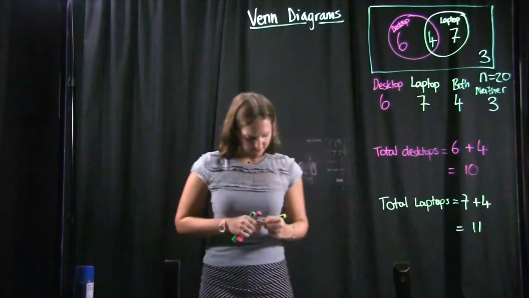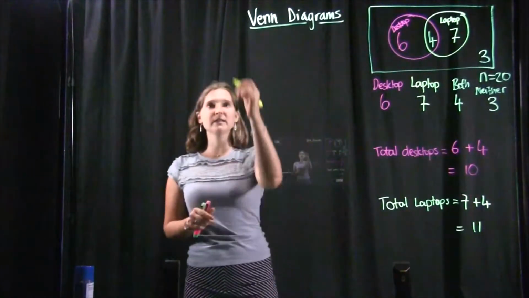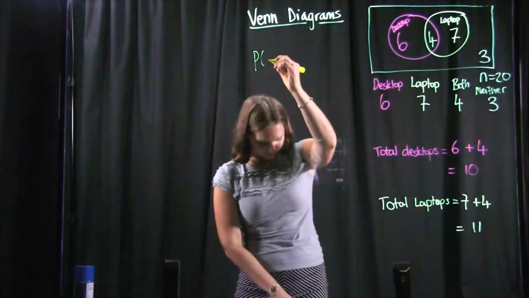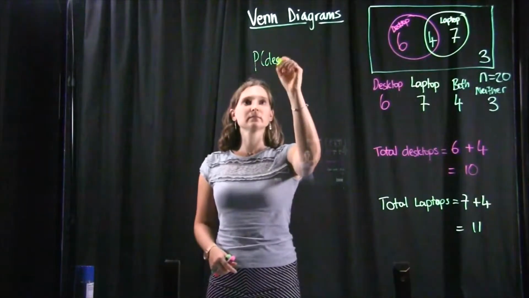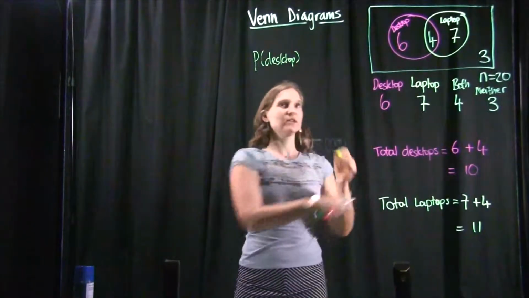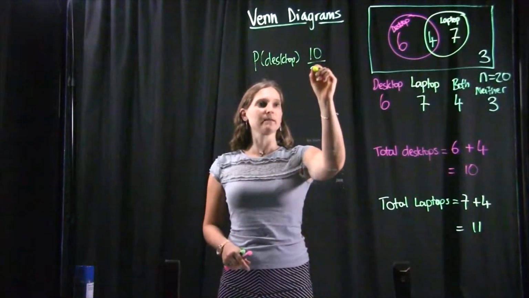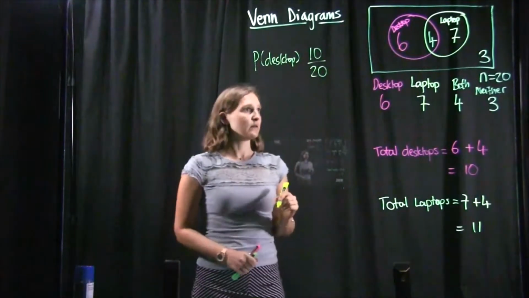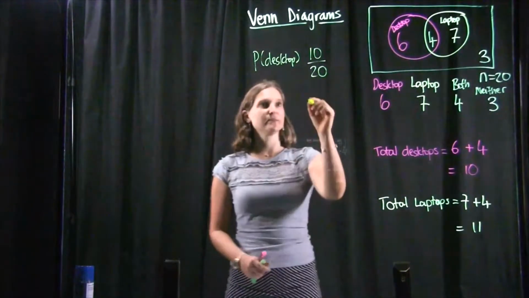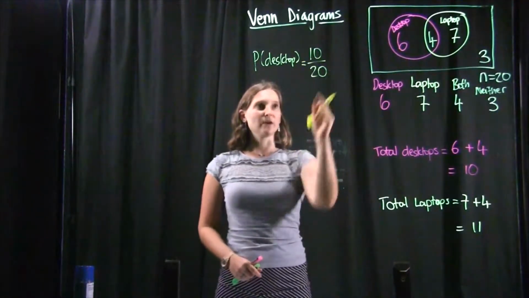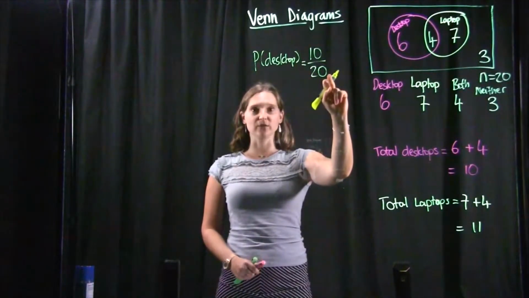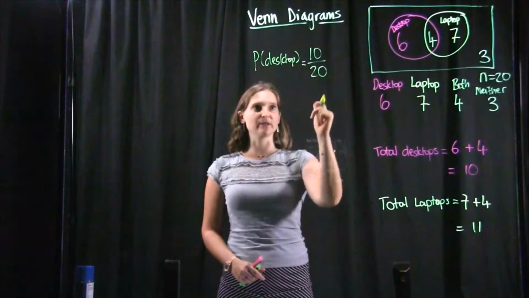So let's do some probabilities then. We can calculate the probability of picking one student who has a desktop. So that's equal to 10 over 20, which is 0.5. So our favourable outcomes are 10, and our total possible outcomes are 20.